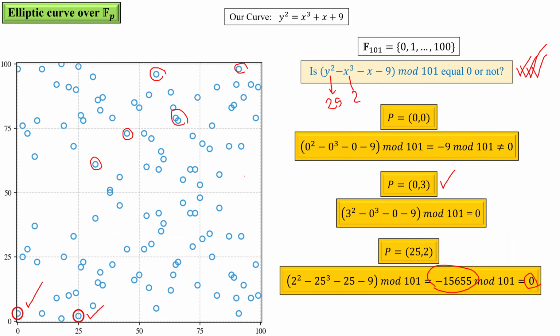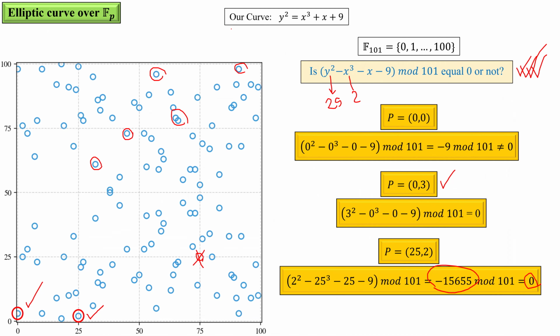For instance, if you pick a value from here, like maybe 50, 75, and 25, and put this value in the formula, you will see that the check would not be approved, right? So then this point is not accepted.